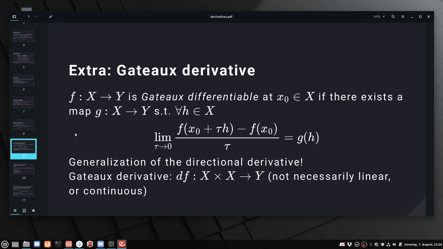If you want an idea in terms of neural networks, do you know backpropagation, that type of thing? You can see the Frechet derivative as backpropagation, giving you the entire gradient, while the Gateau derivative is more like forward differentiation, giving you a scalar product with the gradient and the direction you care about.